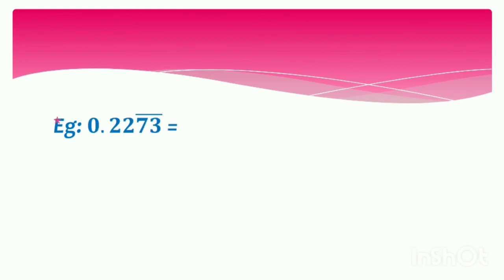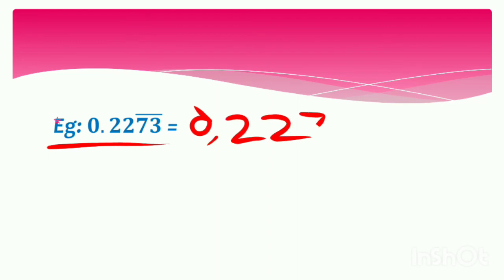Let's solve one more example so that we will be clear. Here we have 0.2273 with the bar over 73. What does it mean? 0.2273737373 etc. Now we are going to convert this into a vulgar fraction. How to form the numerator?